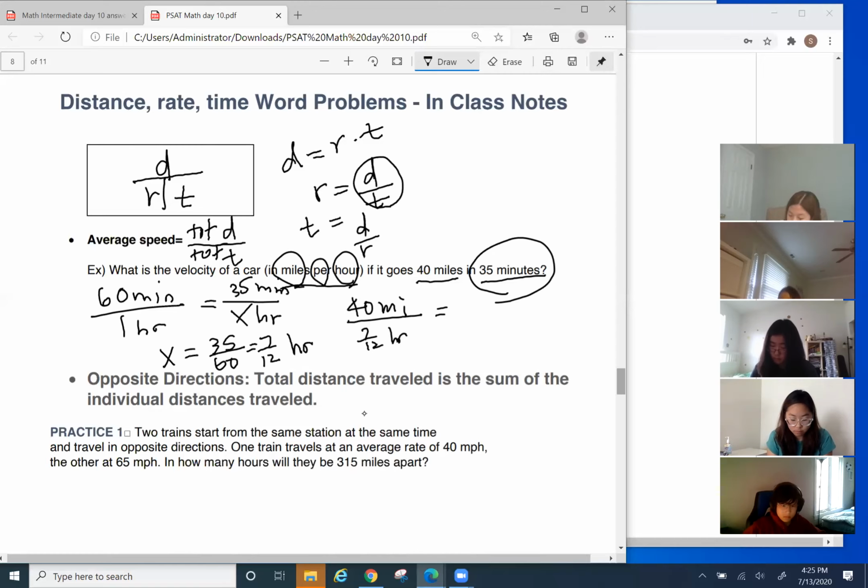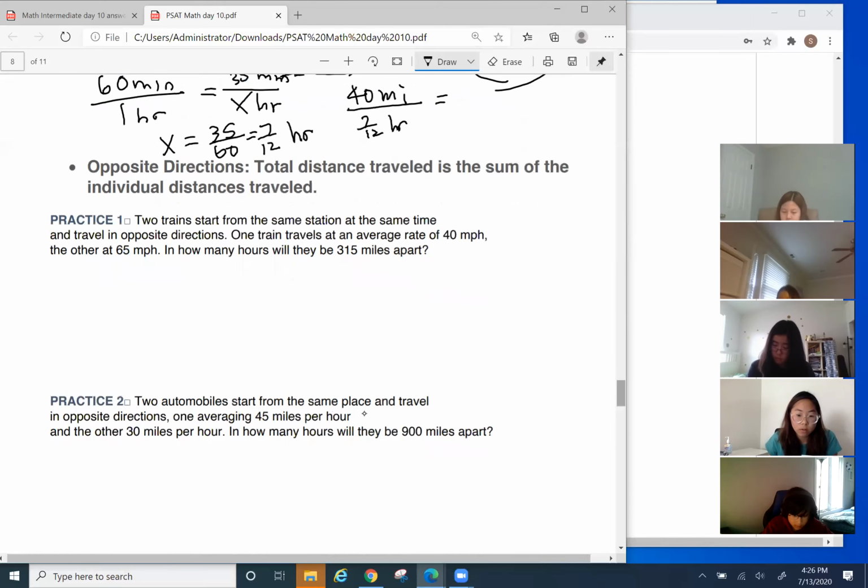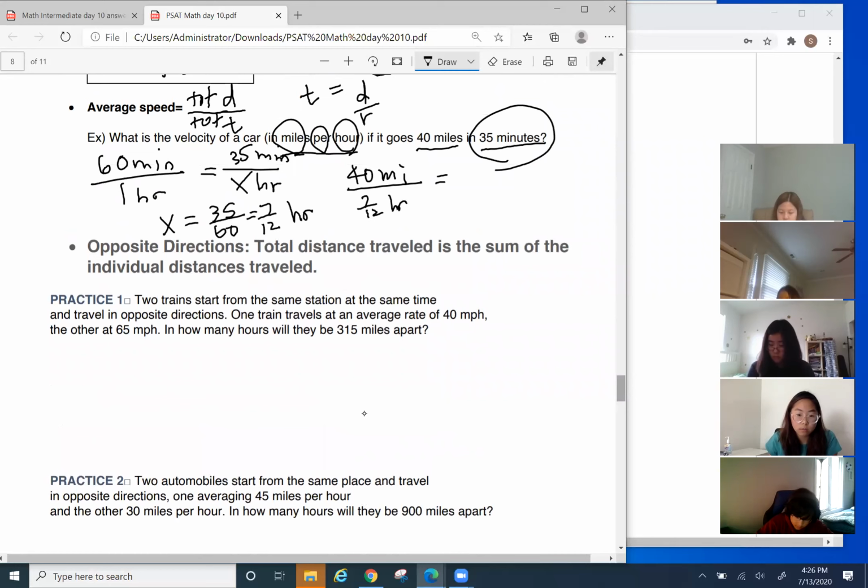Can you tell me how much that is? 40. Wait. How much is this? 68.57. 68 miles per hour.